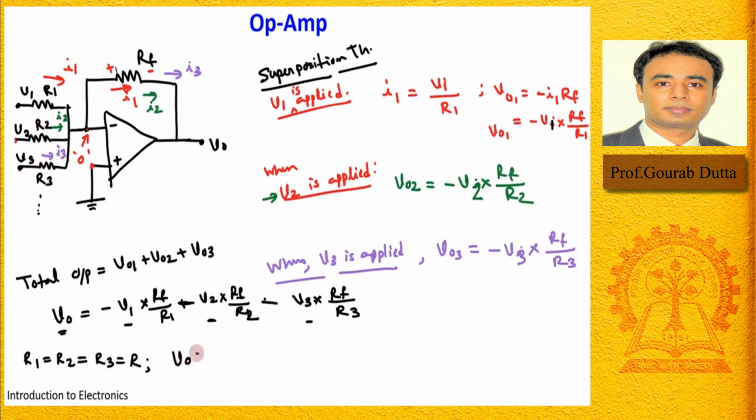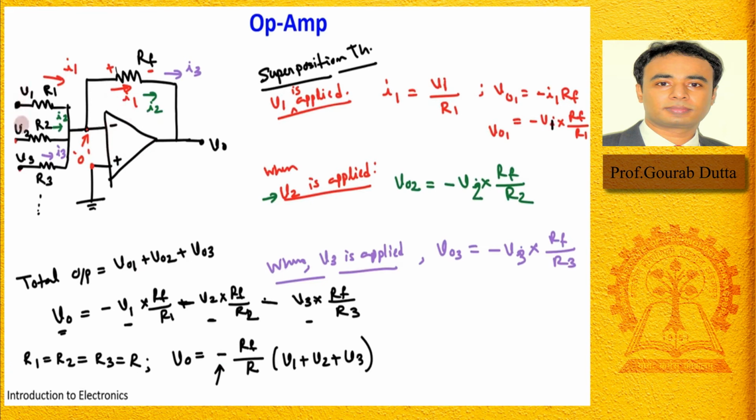In that case the output voltage can be written by taking RF by R as common: RF by R into V1, V2 plus V3, isn't it? V output is minus of Rf by R into V1 plus V2 plus V3, right? This negative sign is definitely expected because it is an inverting amplifier.